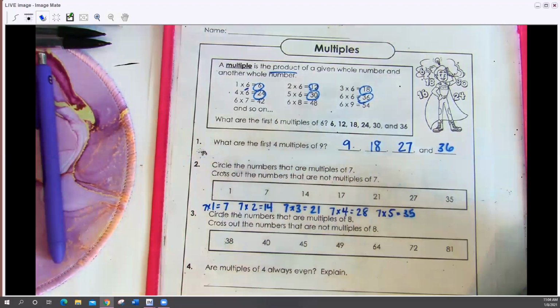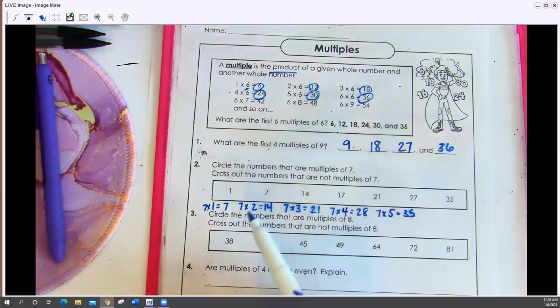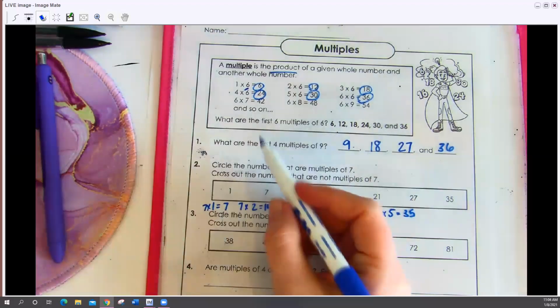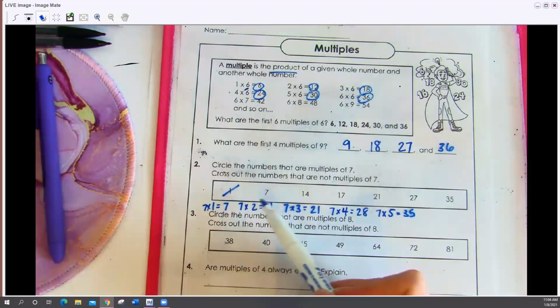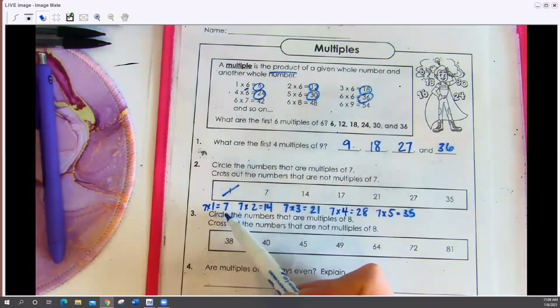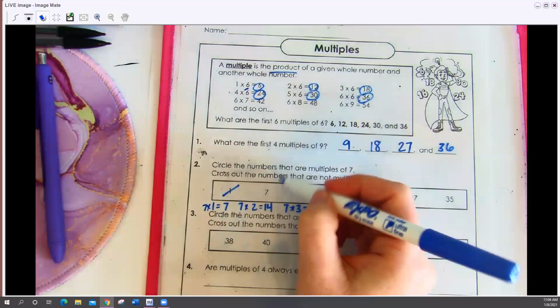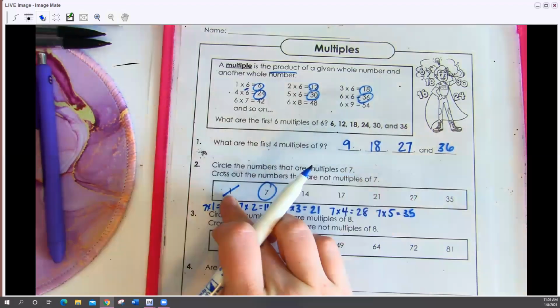Okay, I see 35 is my highest number, so I'm going to stop there. 1 is not a multiple of 7, because when I multiply 7 times a number, I don't get the number 1. Cross that out. 7 times 1 equals 7. So 7 is definitely a multiple of itself, of 7.